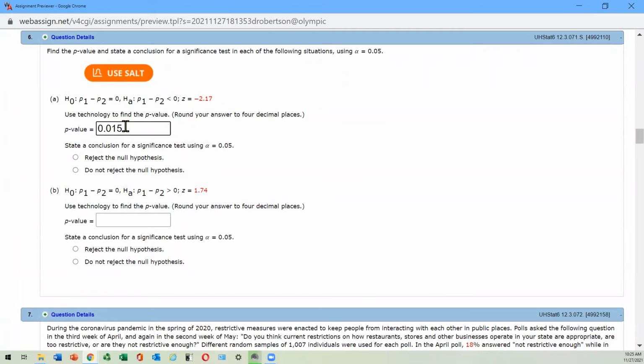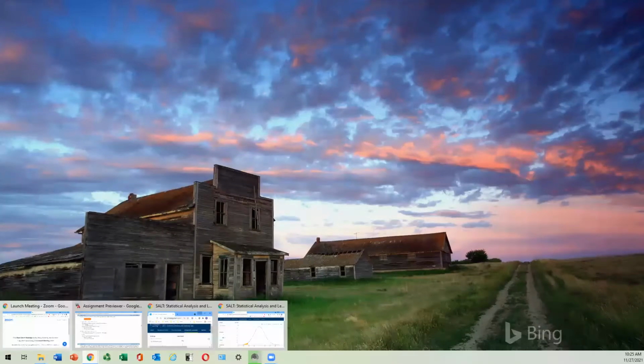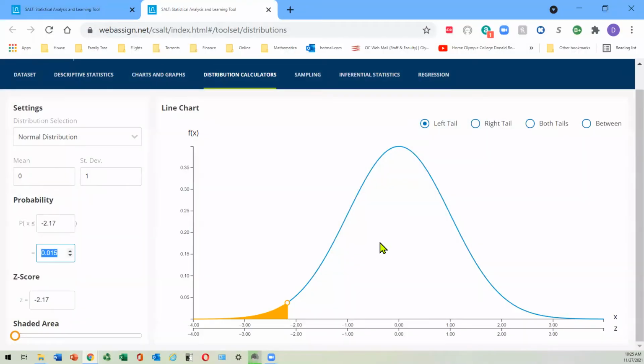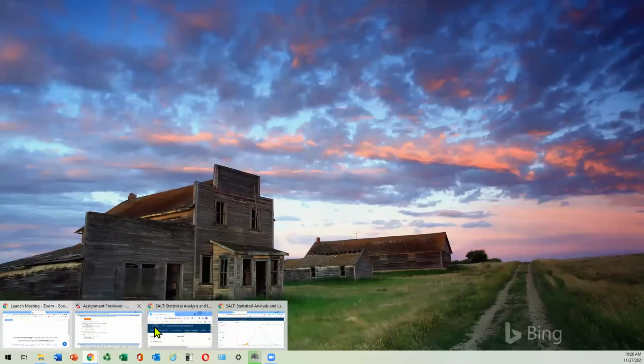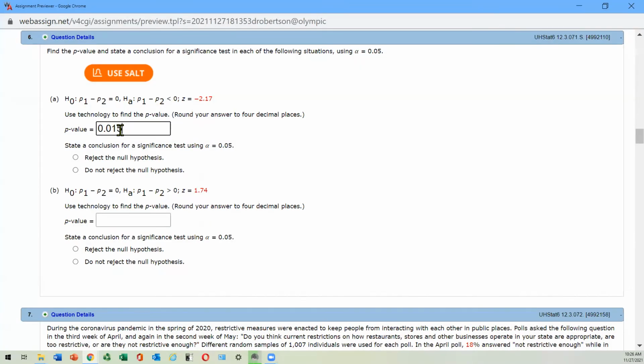Now, interesting, it says 4 decimal places. That's all it is, okay. Now, is this less than 0.05? And the answer is yes, it is, so we can reject the null.